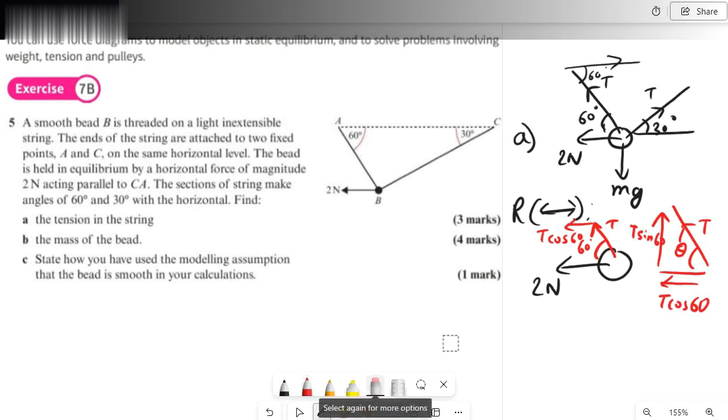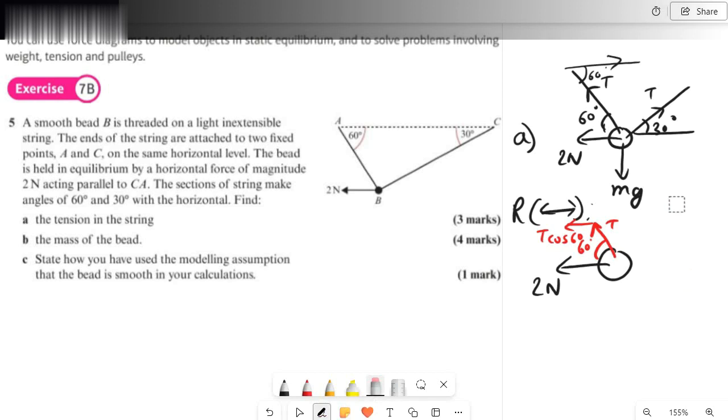And similarly, towards the right, we also have tension, and for the horizontal component, this should be T here, and this is 30 degrees. Therefore, this should be T cos 30.